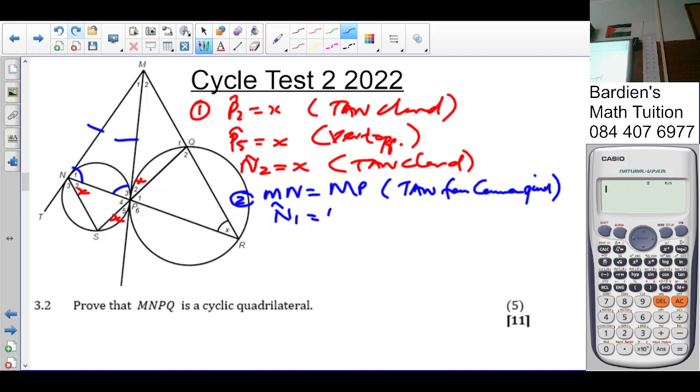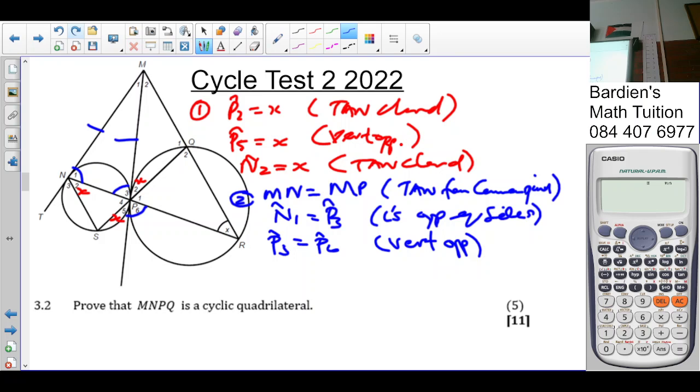Why? Angles opposite equal sides. Then P3 is equal to P6. Why? Vertically opposite. And then P6 is equal to Q2. Why? Tan theorem. Can you see that, people?